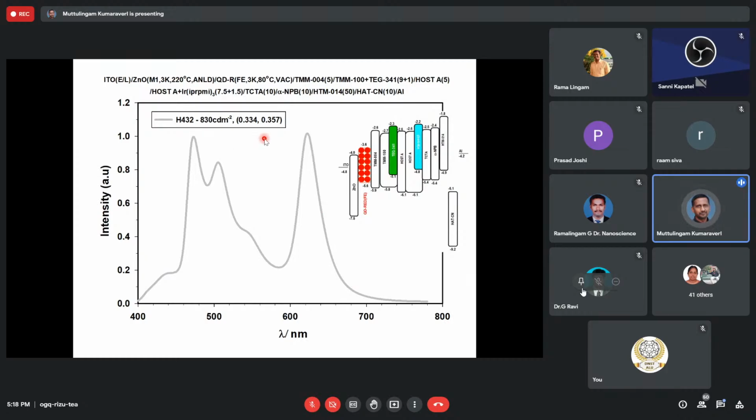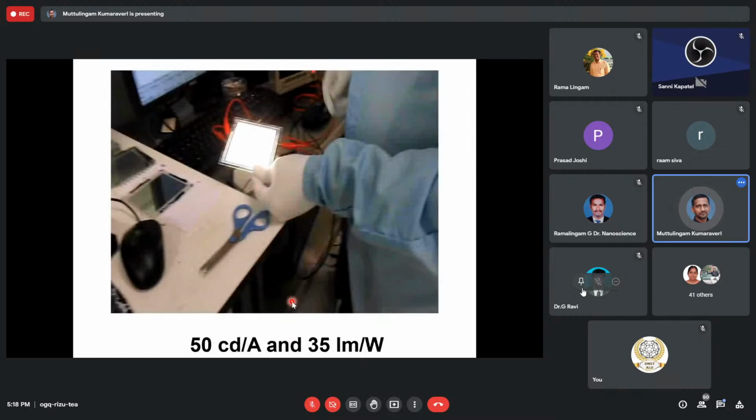The color coordinate is 0.334, at 830 candela per meter squared. This is the panel.